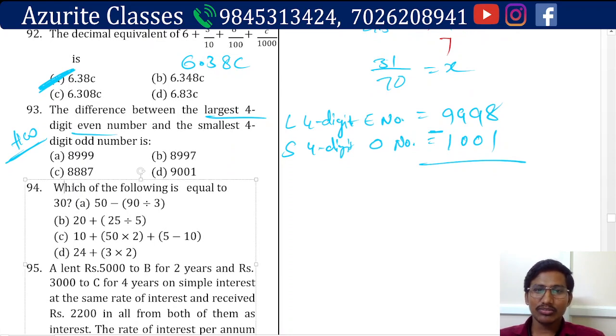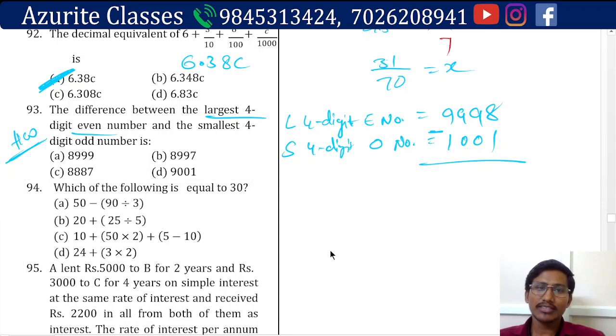Question 94: which of the following is equal to 30? We will solve them. The first: 3 into 30, 50 minus 30 will come 20, not possible.